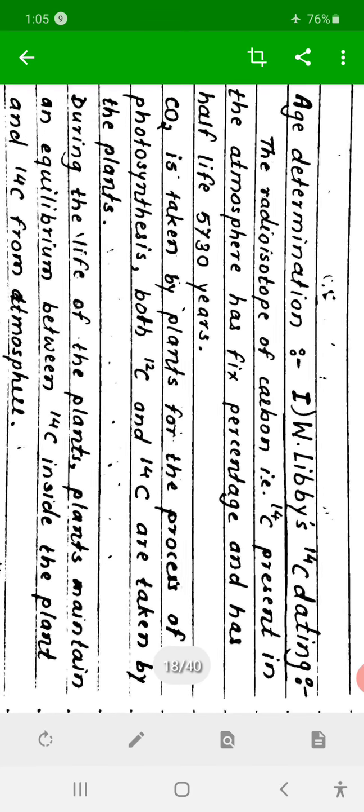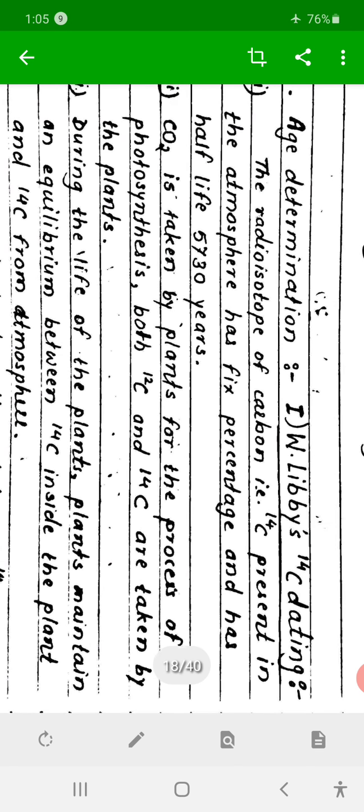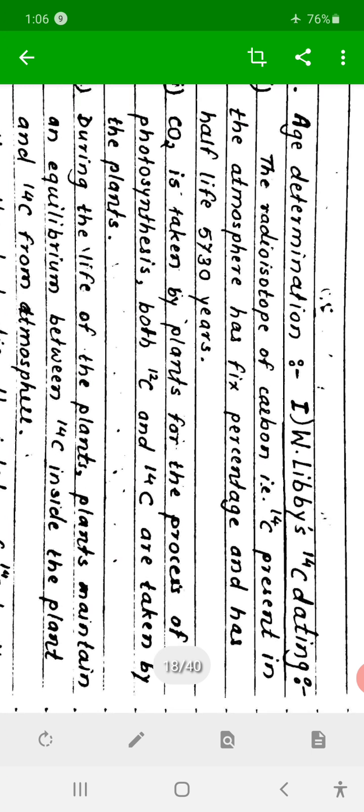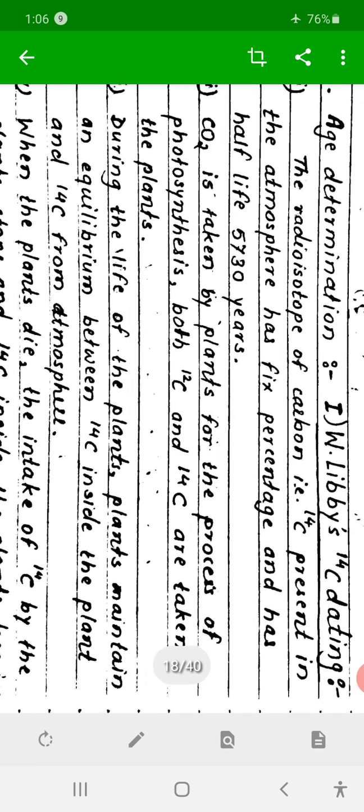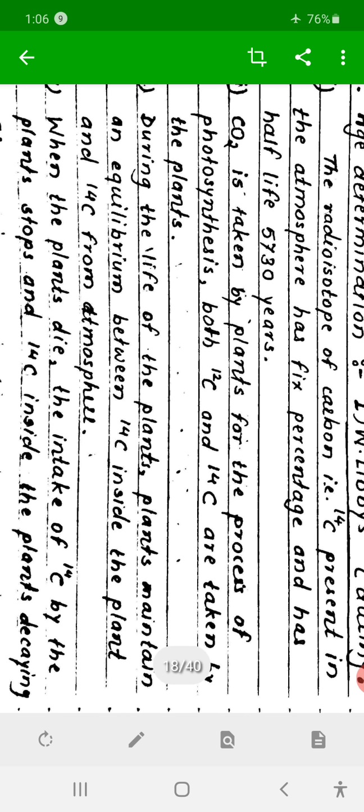Then the radioisotope of carbon, that is C14, present in the atmosphere as CO2, has a fixed percentage and a half-life of 5730 years. CO2 is taken by plants for the process of photosynthesis.